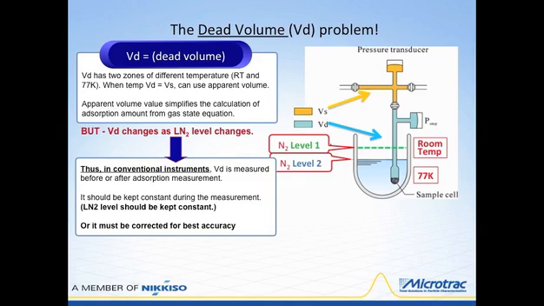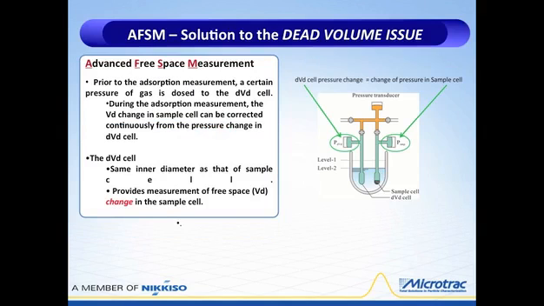Rather than measuring the temperature after the measurement or before the measurement, or even taking an average of before and after, that still does not provide the high accuracy that many researchers and users require. The method that we use in the Bell instruments is this method we call the advanced free space measurement. Now, this is very similar to using a spectrophotometer, where you're trying to determine how much light is absorbed by a substance that's reacted in a solution.